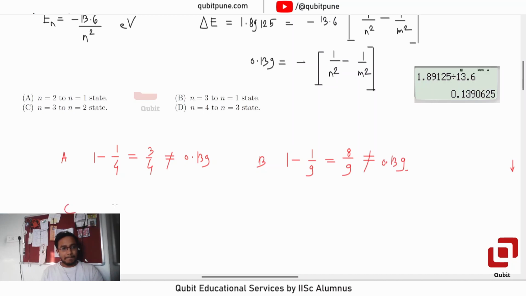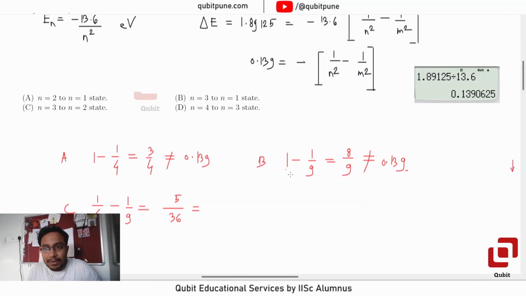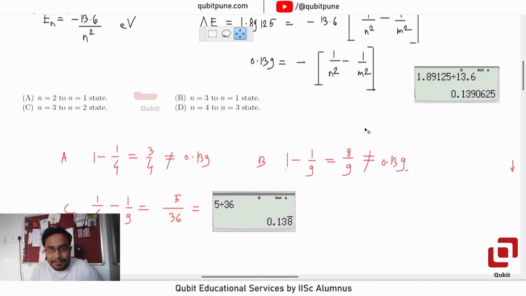Let us go to option C. 3 to 2, so 1 upon 4 minus 1 upon 9, that is 9 minus 4, so 5 by 36. Good, this is a contender because 5 into 7 is 35, and 1 upon 7 is around 0.142. Yes, 0.138. That agrees well with our calculated value, 0.139.